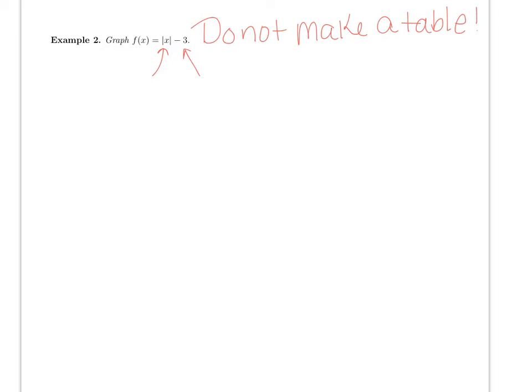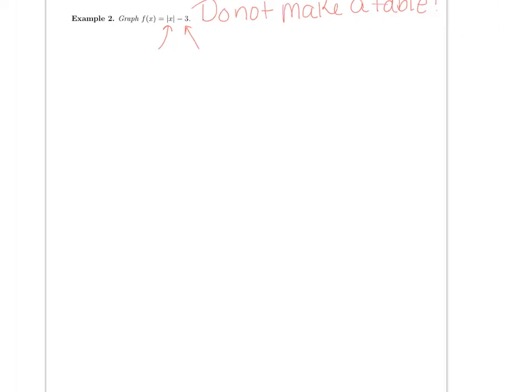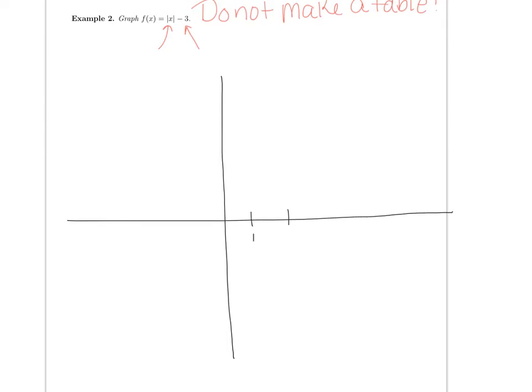So we know that this is going to look the same as the original absolute value function. It'll just be shifted down 3 units. So we'll start by graphing the original absolute value function and put a couple of points on that graph. And then we'll move point by point and shift this graph down. So set up your coordinate axes. We'll label a couple of values here.